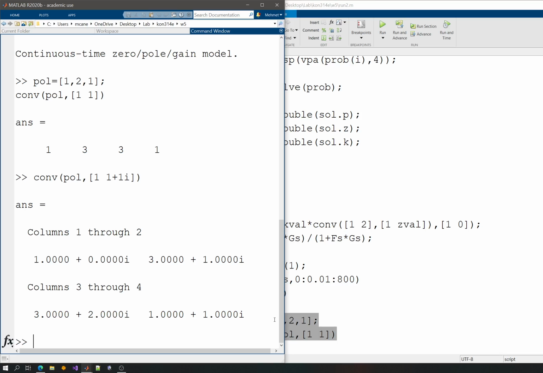So if you have an odd degree, you have to add at least one pole that will be a real value. It shouldn't have an imaginary part.